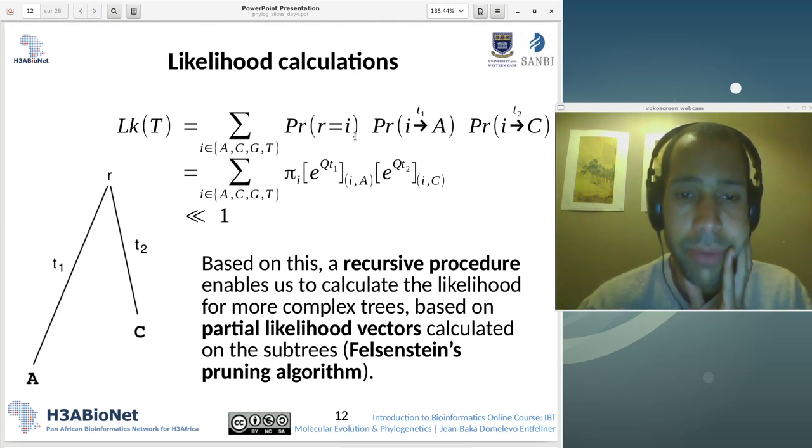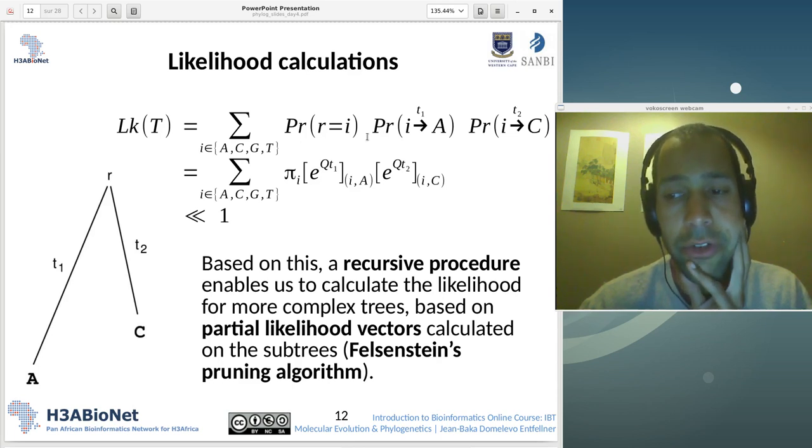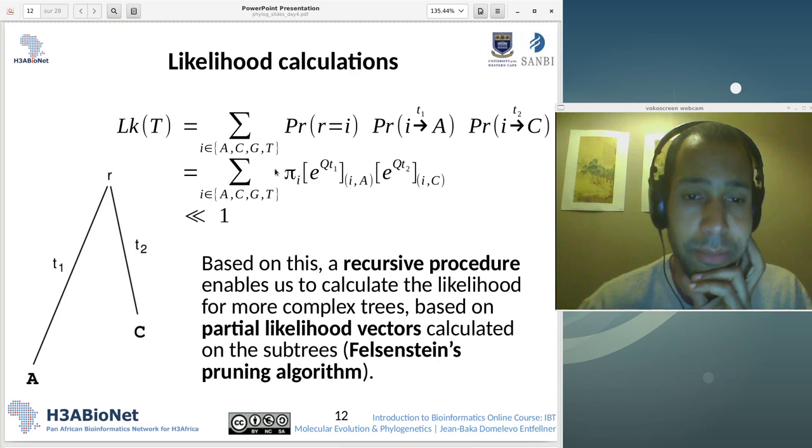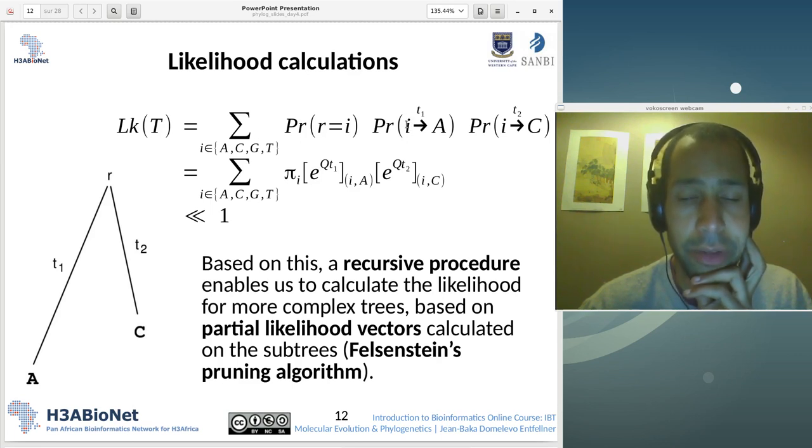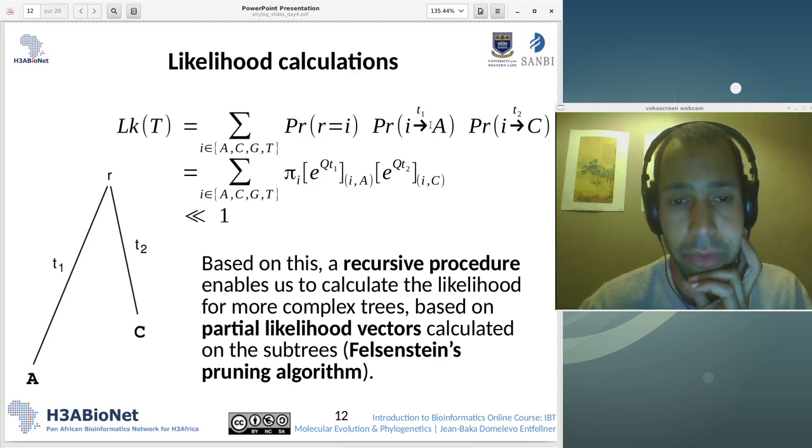And now, if you remember what we got from our model, if our substitution model is stationary, it accepts an a priori or background distribution of probabilities. So this probability of R being equal to I is pi I. Okay? It's given by the model. The probability, remember, for I to transform into A after a time T1 is given by the exponentiated matrix QT1, okay?